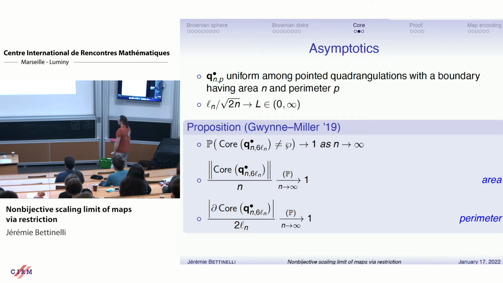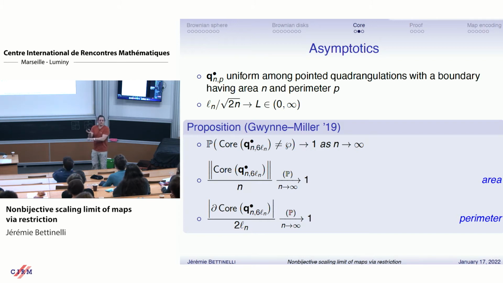So we have this convergence result. It means that, once again, if you take a big map and you take it pointed, then the point most likely will fall into the largest component. And this largest component roughly has almost all the faces, or the number of faces that are not in there is negligible with respect to n.